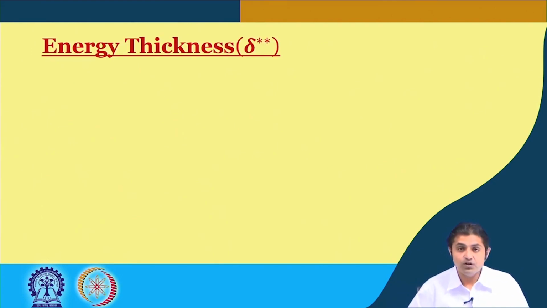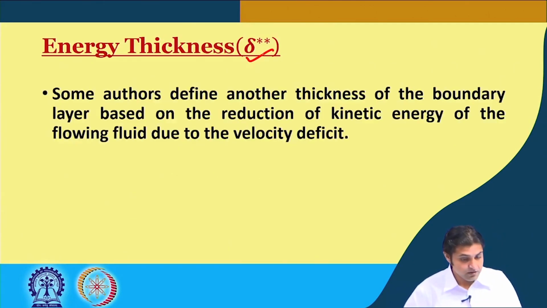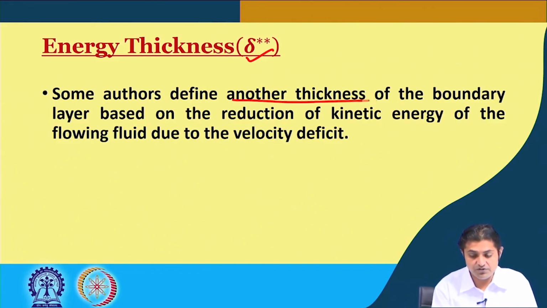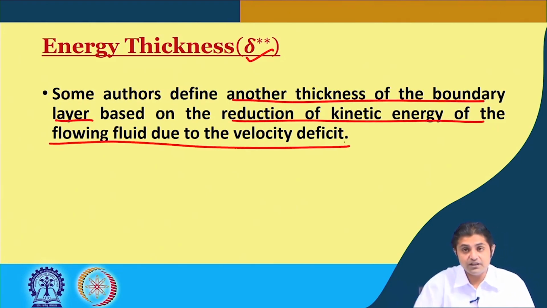Now, there is something called energy thickness delta double dash. We are not going to derive it, but some authors define another thickness of the boundary layer based on the reduction of the kinetic energy of the fluid flow due to the velocity defect.